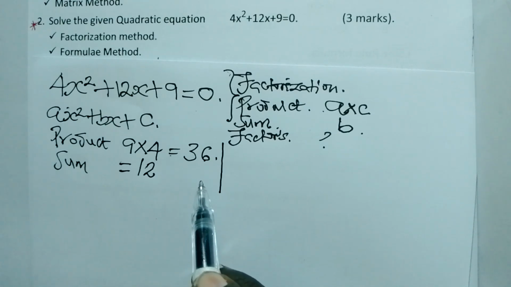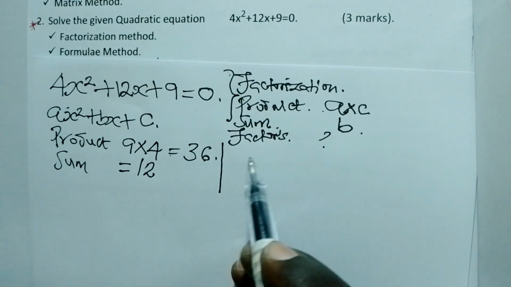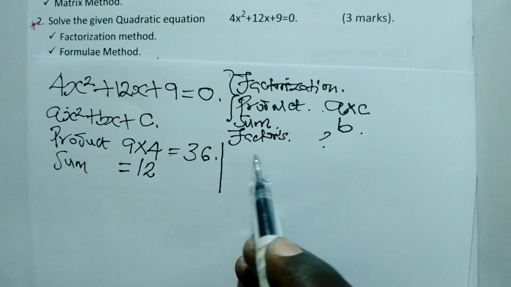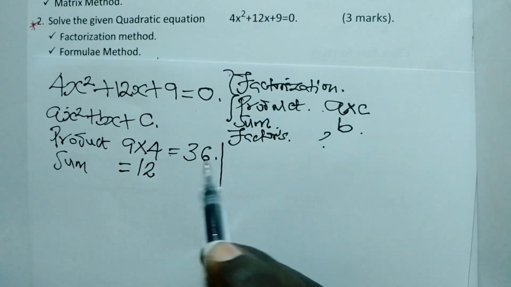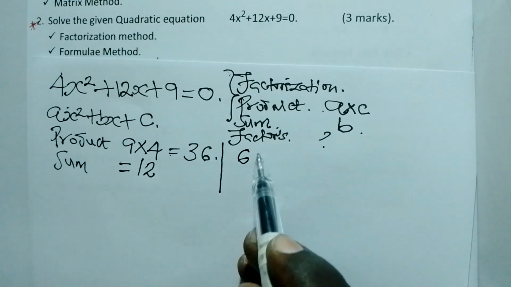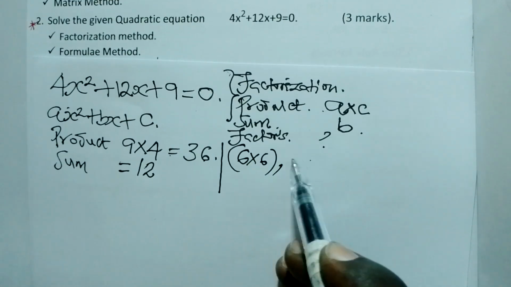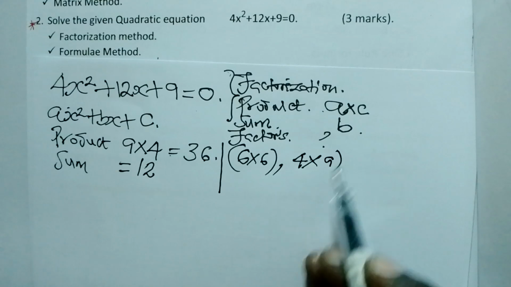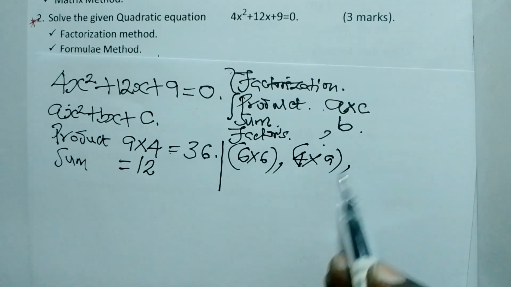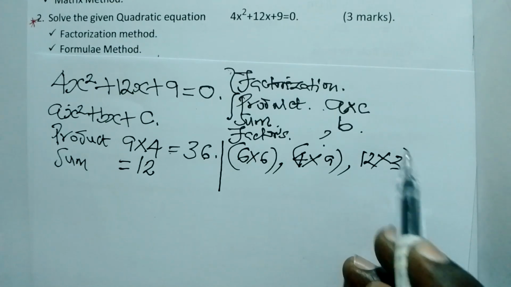Now, I could take you through the factor tree method of getting these factors, but we are going to do it mentally. We know that 36 can be given by 6 multiplied by 6, or 4 multiplied by 9, or 12 multiplied by 3.